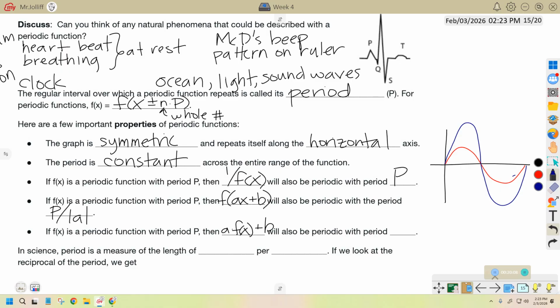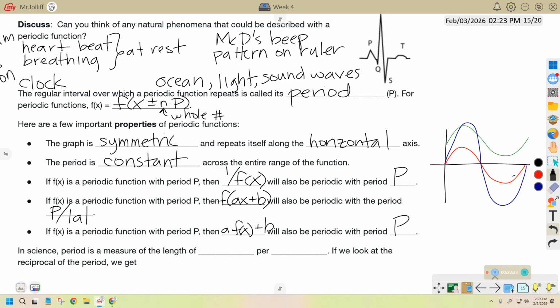If I take the whole graph and I shift it upwards, that should have been a different color. Let's try that again. Have I changed how long the wave is? No. So transformations on the answer, vertical transformations, do not affect the period at all.